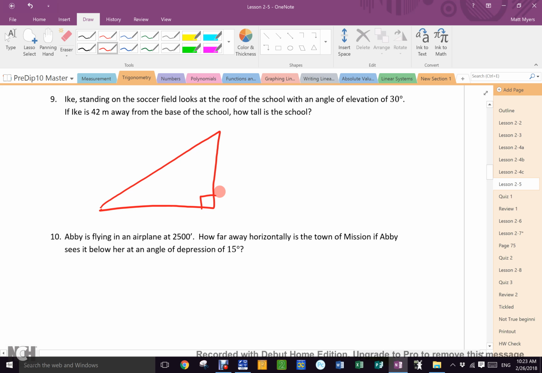Then what do you do? You apply the question to the triangle. Ike is standing on a soccer field and looks at the roof of the school. Where must Ike be? On the left or on the right, as I have drawn my triangle? On the left, because he's on the ground and he is away from the school. Where is the school? Well, that's the wall.